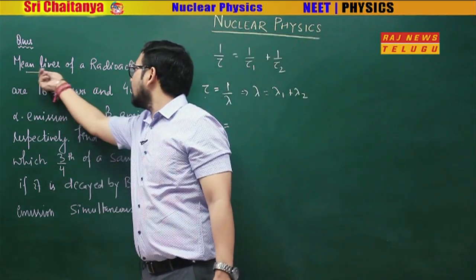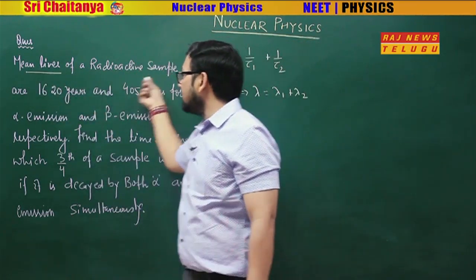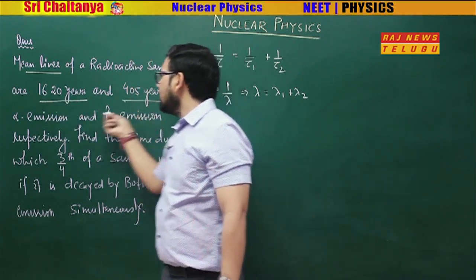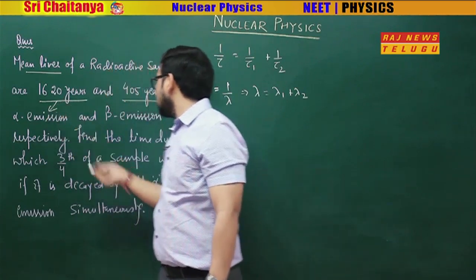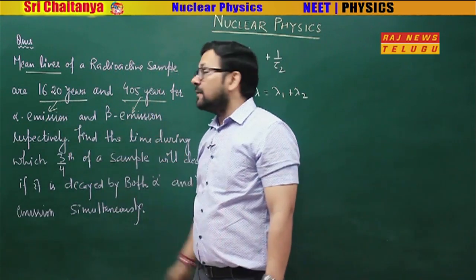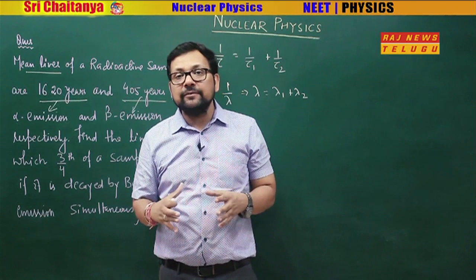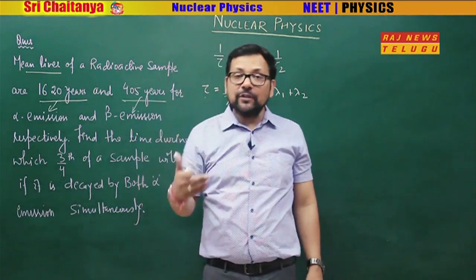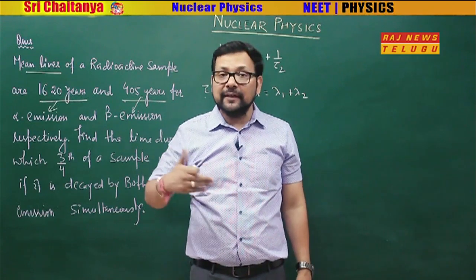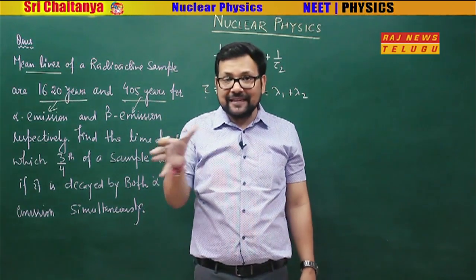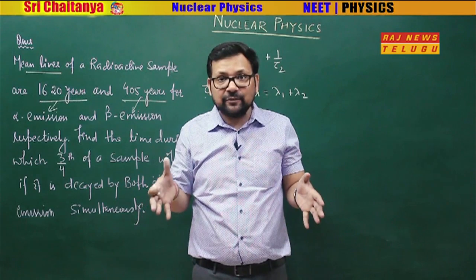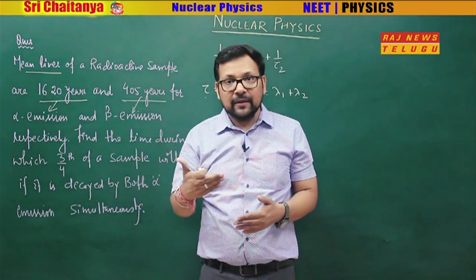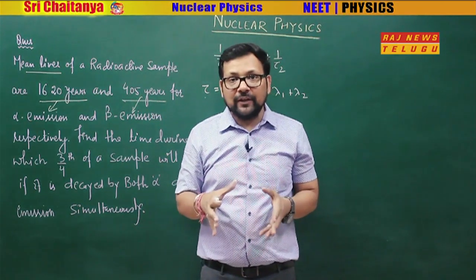Mean life is related to the decay constant, and the decay constant lambda is related to the decay. So if a certain sample is decaying by two different decays, it has a mean life for each decay. This is a very fundamental idea of radioactive decay.